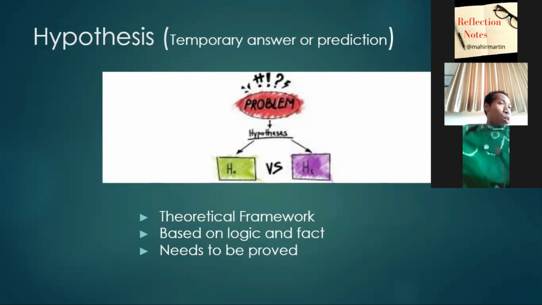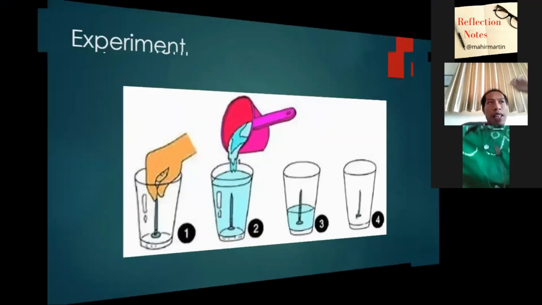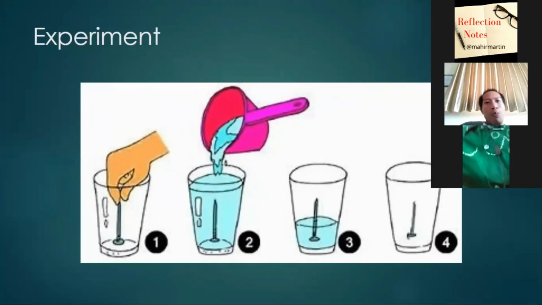If it is not true, then I also have to make a report, and after that I have to find another hypothesis. So what do we do to prove our hypothesis? Anyone knows? Doing experiment. Very good. The next step, after we state the hypothesis, to prove the hypothesis, is conducting the experiment.